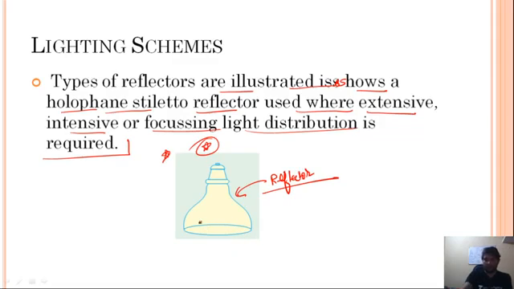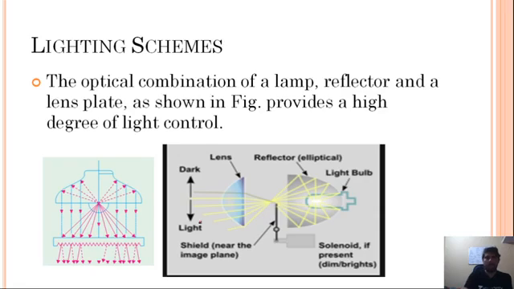Okay, next, the optical combination of lamp, reflector and a lens. Just take the example of a headlight, which provides a high degree of light control.